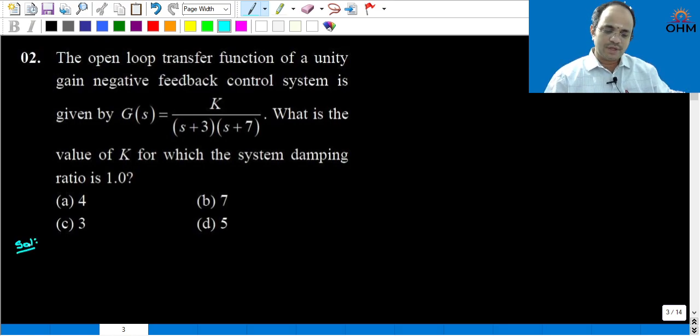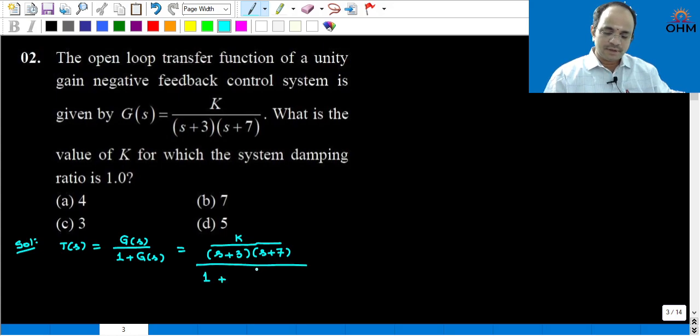Unity negative feedback system, hence the closed loop transfer function, let me call it T(s), is equal to G(s)/(1+G(s)). By substituting, K/((s+3)(s+7)) in the numerator, denominator 1 plus K/((s+3)(s+7)).